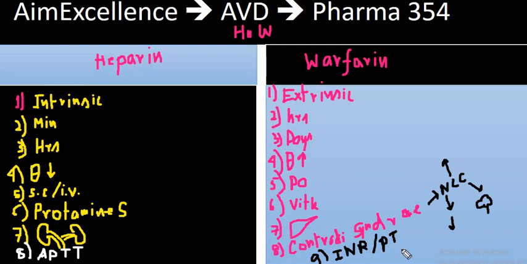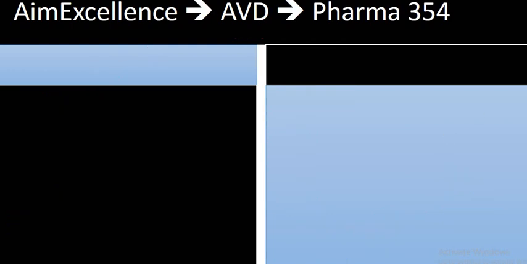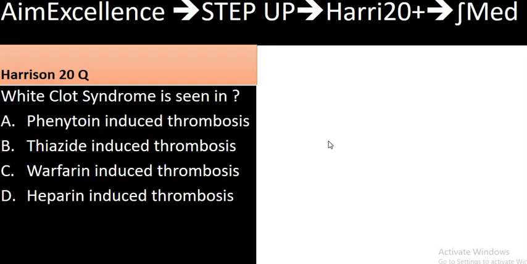And then Mithun came. Mithun said, "This is all fine, but can you tell something about the PG entrance examination? Anything special?" So I pulled one question from the Horizon 20th edition.